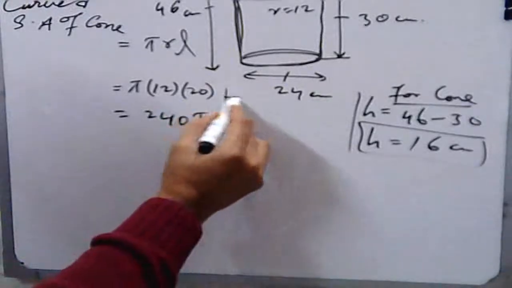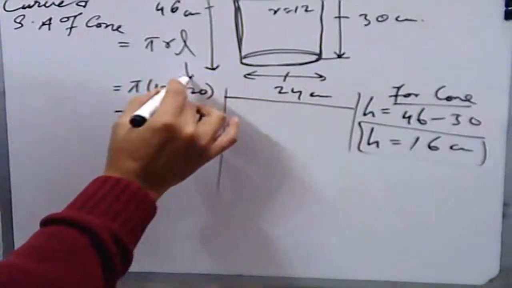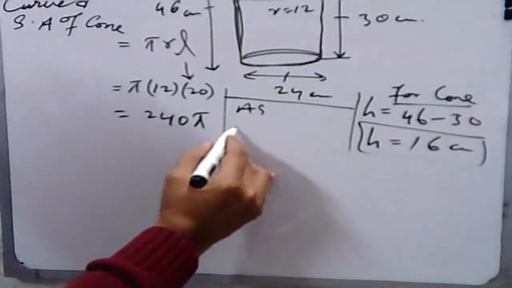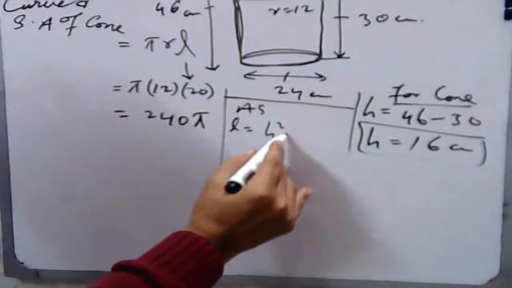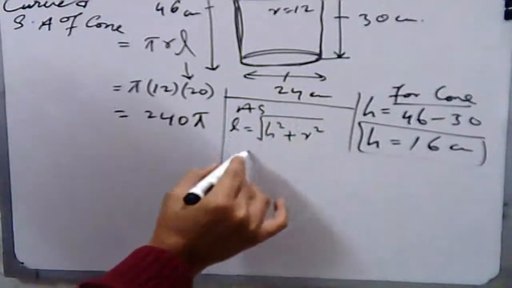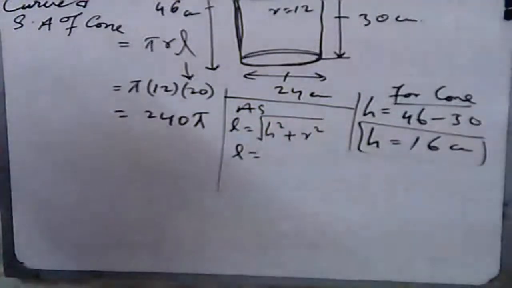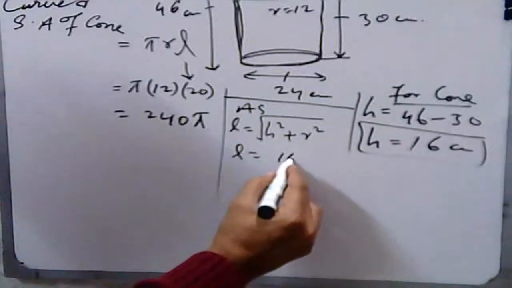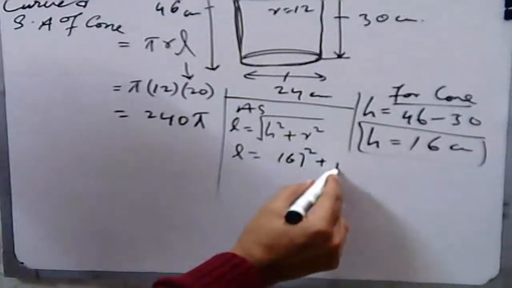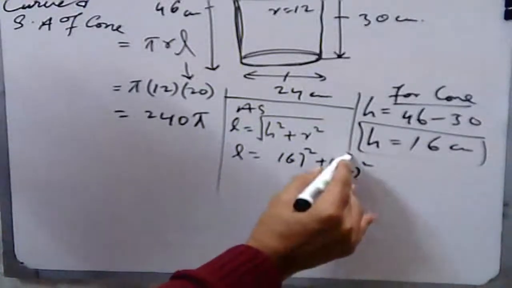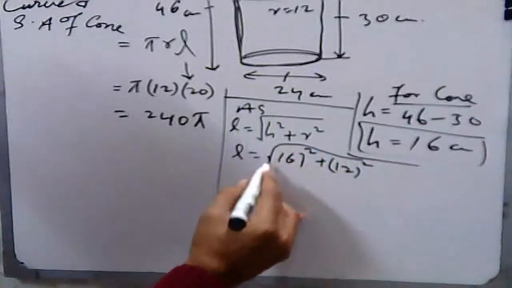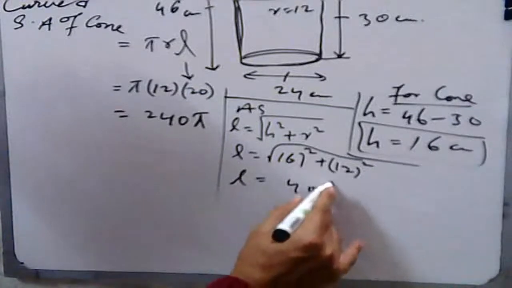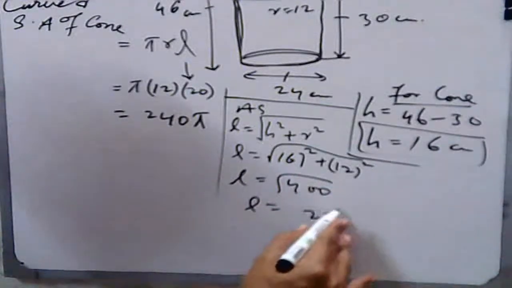So that is 16 square plus r square under root, and after simplification, the L is 20 centimeter. That L we have used here. Okay, now the curved surface area of a cone is 240 pi centimeter square.